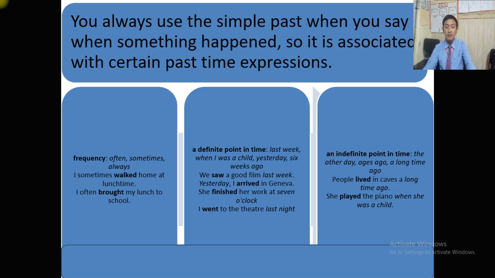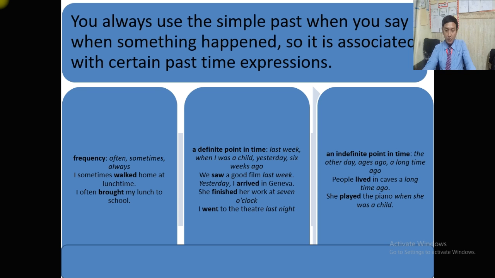And we can answer, I arrived in Genoa yesterday, or yesterday I arrived in Genoa. They are the same. You can use yesterday at the beginning with a comma and the complete sentence, or you can use the complete sentence and the word yesterday at the end, because yesterday is an adverb.